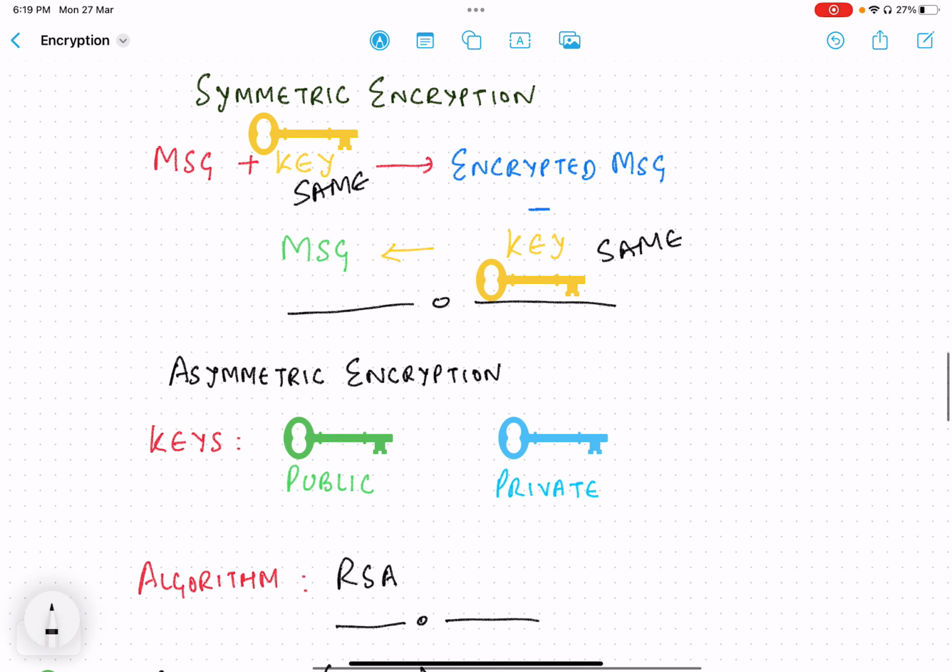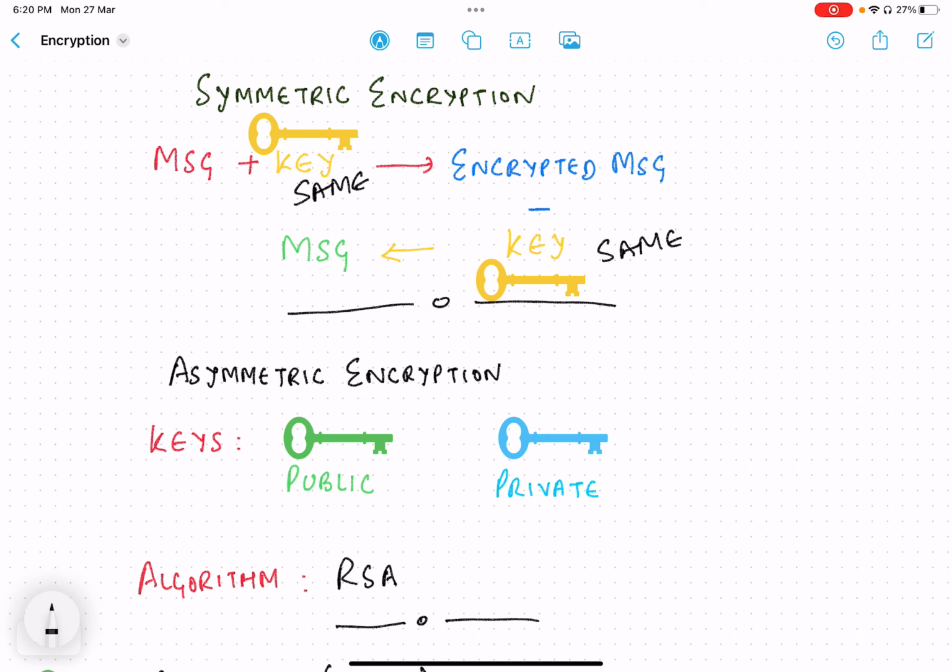Another form of encryption is called asymmetric encryption. You will see this commonly when you go to an HTTPS website and you find a key or a padlock at the top. That uses a form of asymmetric encryption in which there are two keys instead of just one key.